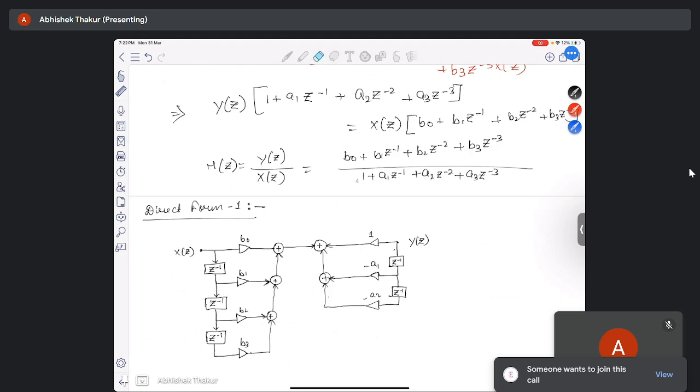Sorry, here we have to give the order. And now again there is a delay unit and the coefficient is a of 3. So this is the direct form representation of the IIR filter. Direct form 1.